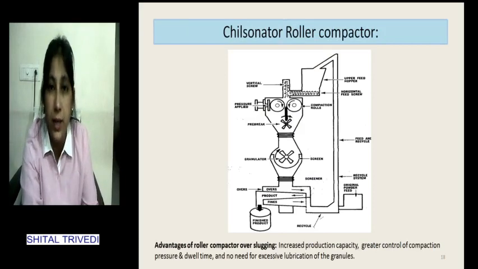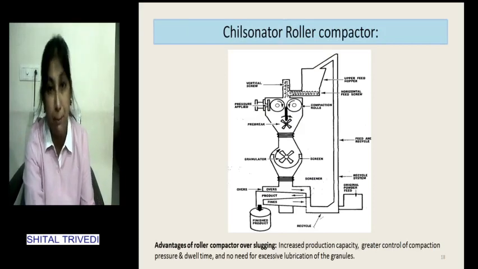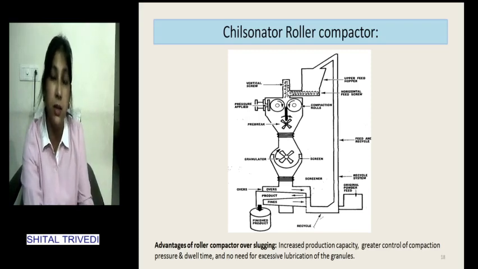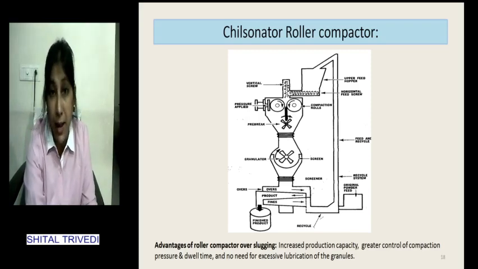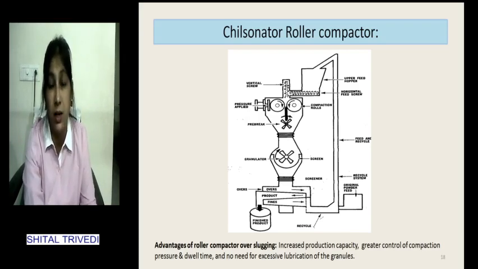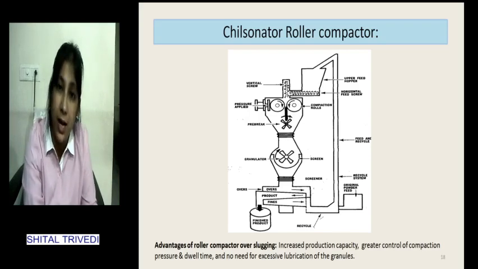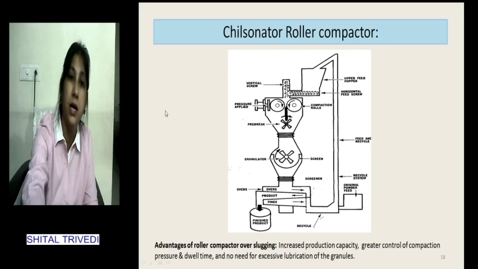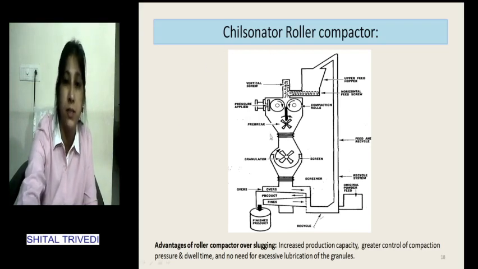So whenever the dry granulation method is used, compared to the slugging method, that is on the compression machine, roller compactor type pre-compaction equipment is beneficial because it has good production capacity. So on large scale production this can be used, and here I have shown the Chilsonator type of design.